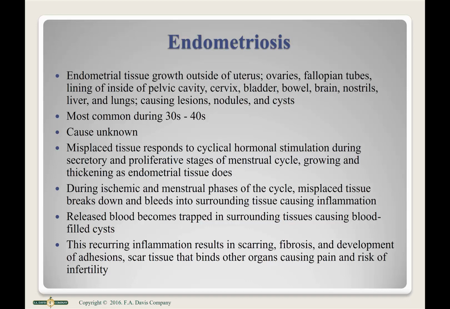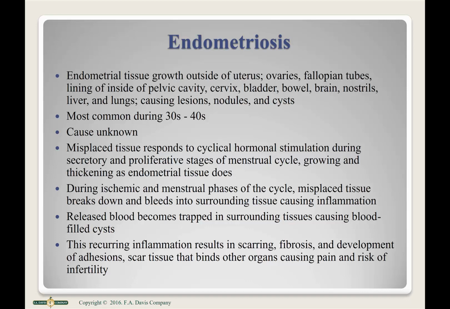Now, the problem with these abnormal cells is that these uterine cells that are outside of the uterus still react to the normal hormonal stimulation of the menstrual cycle. So they will do what they do in the uterus. They can proliferate and grow, which can cause problems in itself.